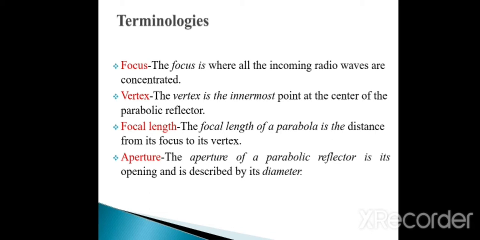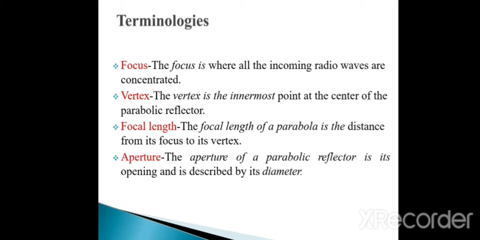Generally the standard definition of the parabola is the locus of a point which moves in such a way that its distance from a fixed point, called the focus, plus its distance from a straight line is a constant, called the directrix.